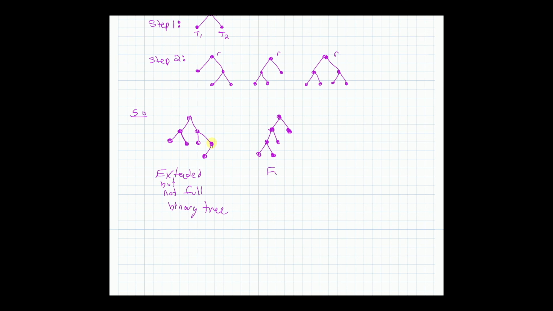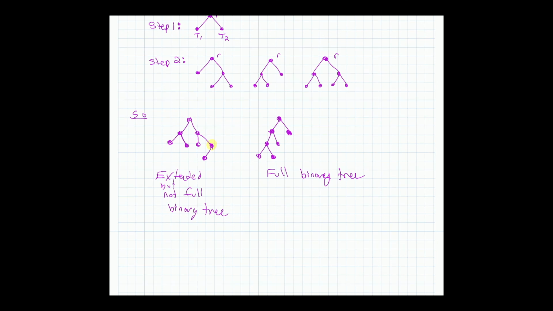Whereas this one is going to be a full binary tree, because there's no place where it doesn't branch down into 2. So 2, 2, 2, none, none, none, none. There's no part where you have a vertex going to a left subtree but no right subtree.